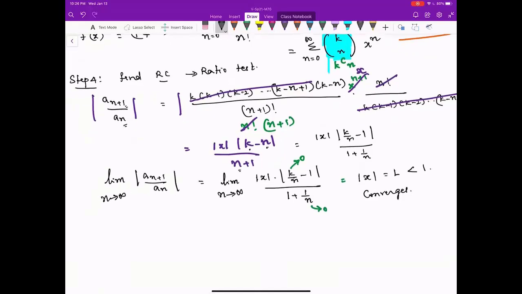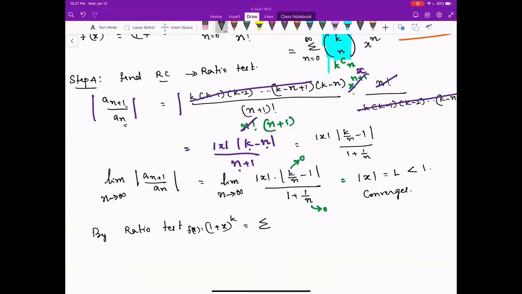So this tells us that by the ratio test, the binomial series converges, written as the representation that we mentioned.